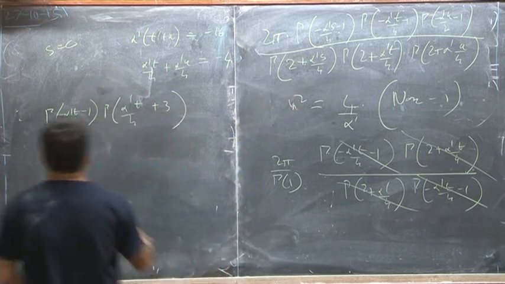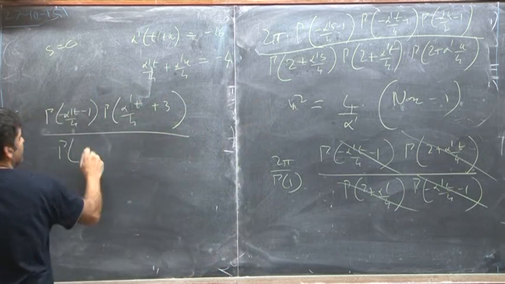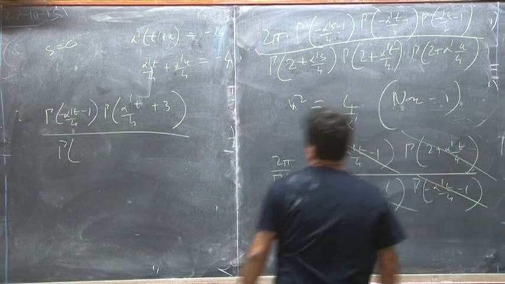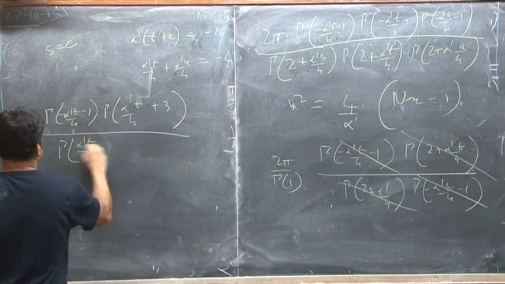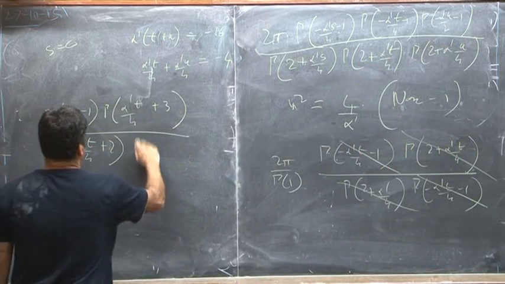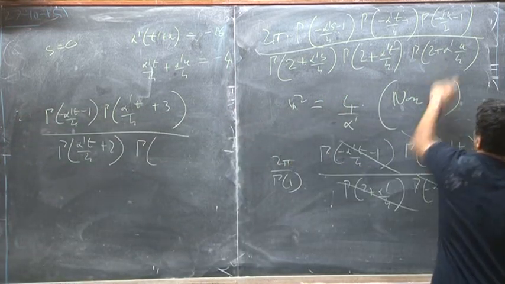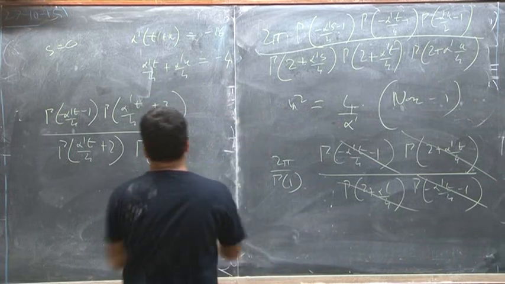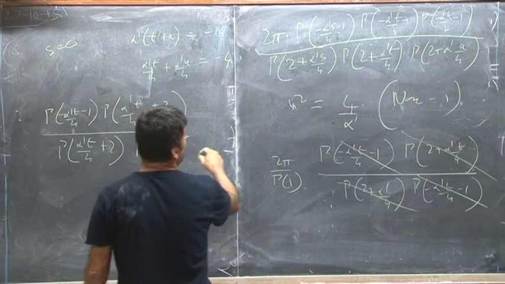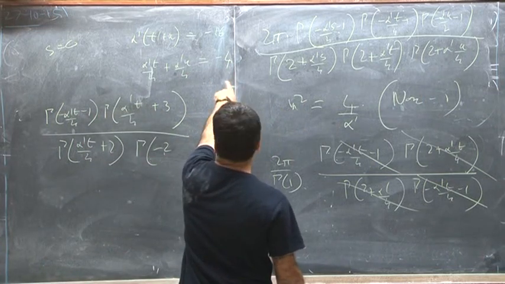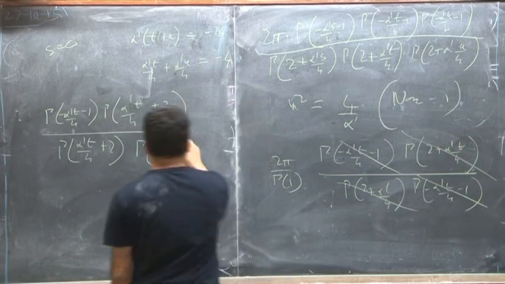Exactly. And that's divided by gamma of alpha prime t by 4 plus 2 into gamma of, now we want to take, this guy is minus 4 plus 2, so minus 2, and minus.